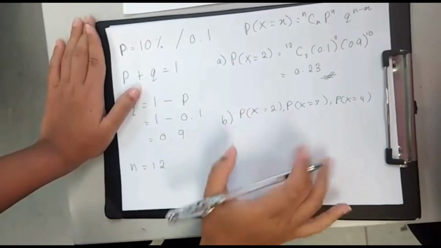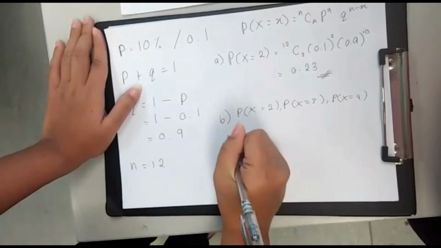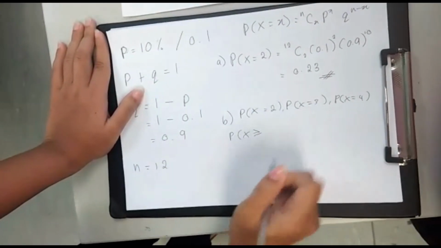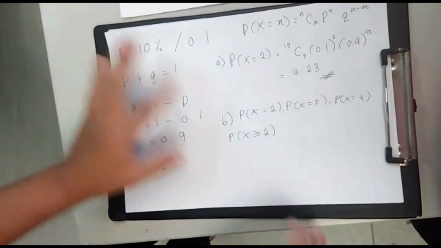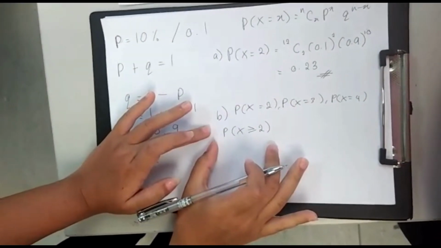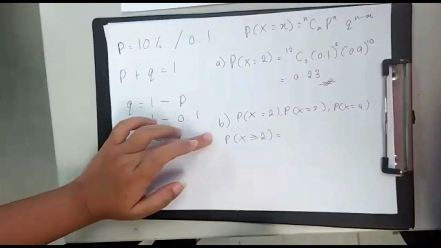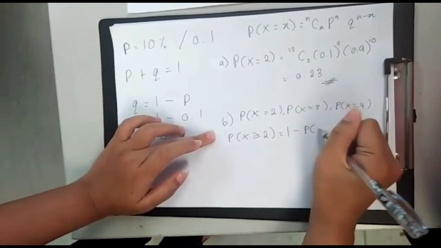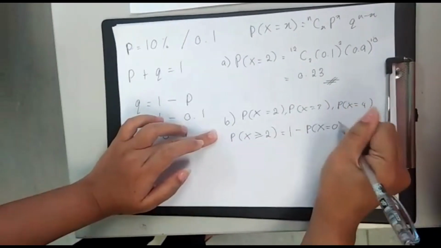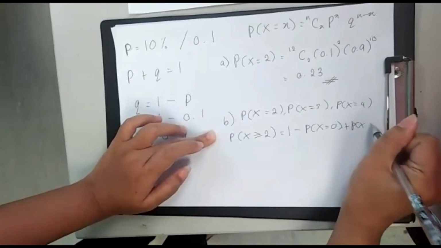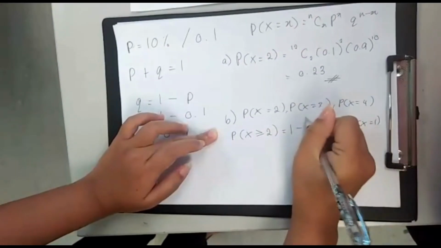For the easy way, we only need to do P(x ≥ 2). This is the easier way to do the probability. So what we need to do is 1 minus [P(x=0) plus P(x=1)].